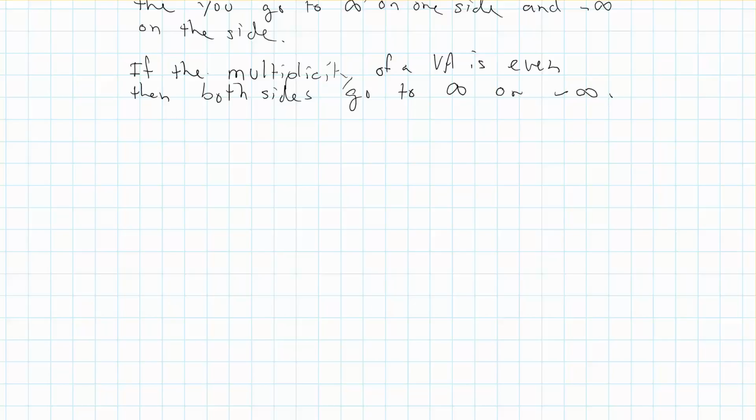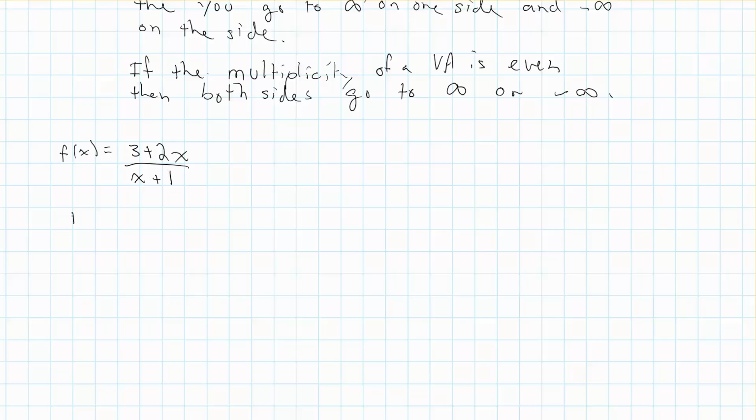So let's just look at an example here. Let's look at f of x equals 3 plus 2x over x plus 1. Let's go ahead and sketch the graph of this. Before I even bring up the graph here, we're going to find a bunch of information.